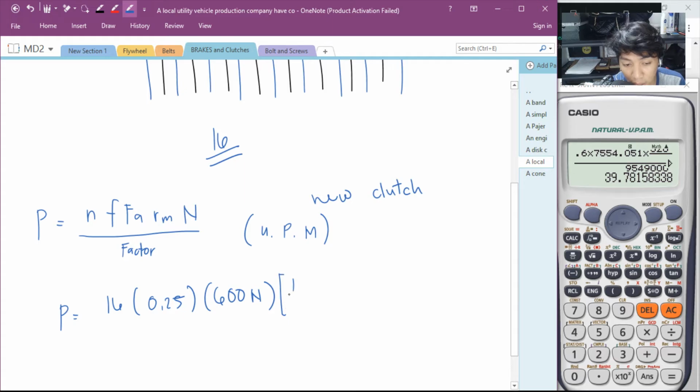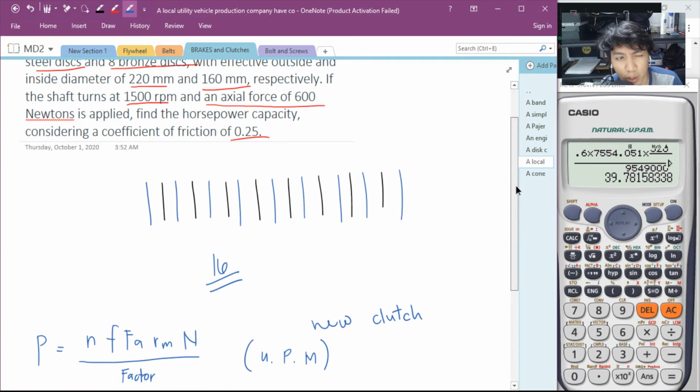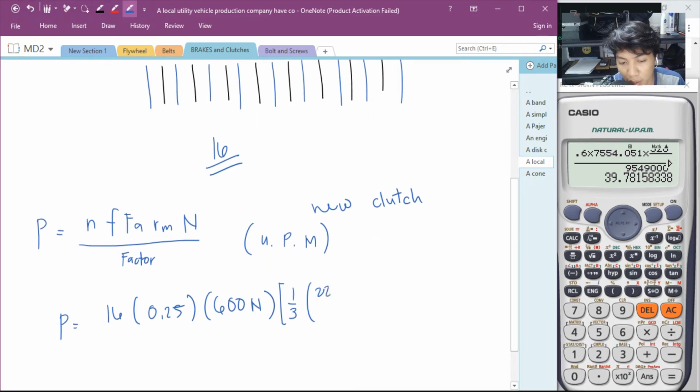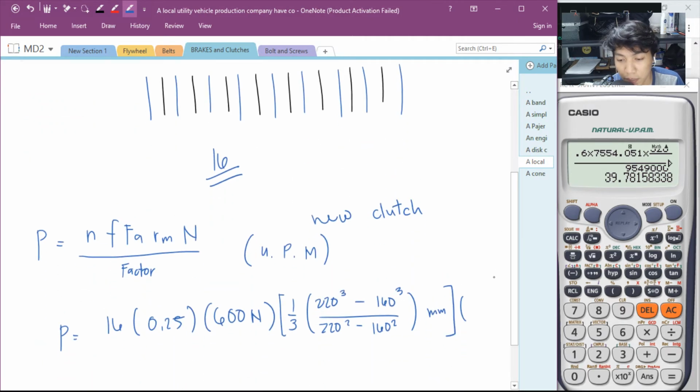O, di 1/3. Multiplied to DO. Ano ba yung DO mo dyan? 220 millimeter cube minus 160 cube divided by 220 squared minus 160 squared. MM na lang ang lalabas dito. You multiply it with yung RPM mo. I think that is 1.5.